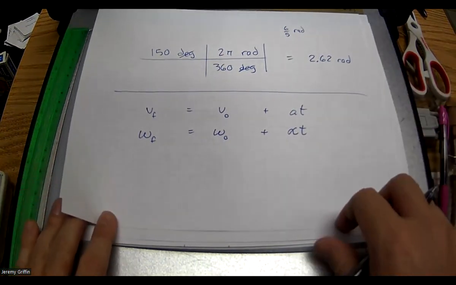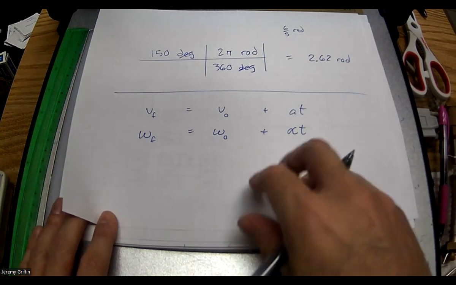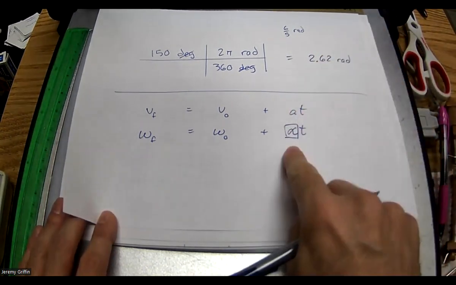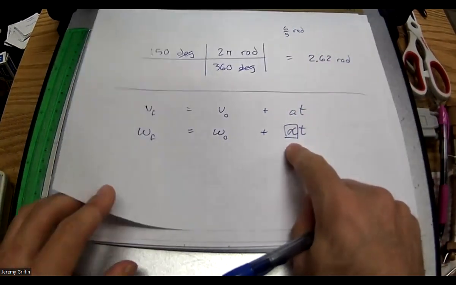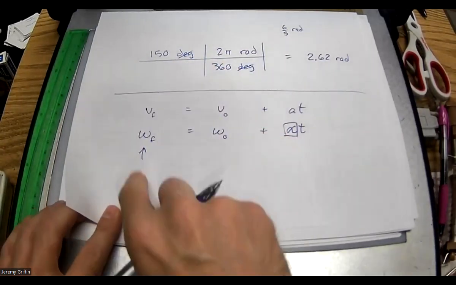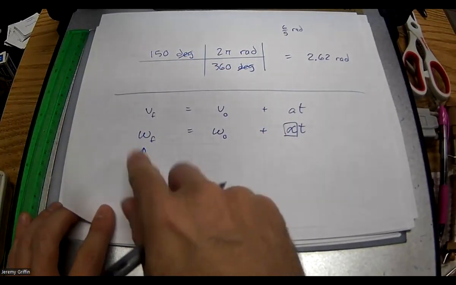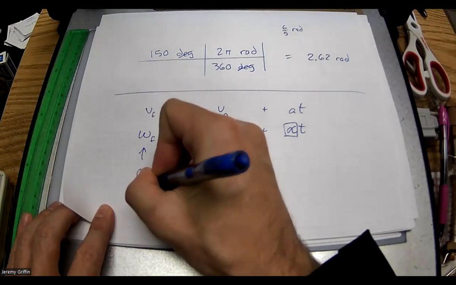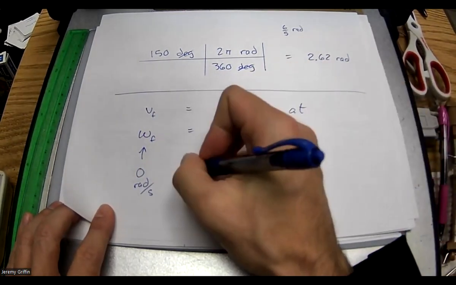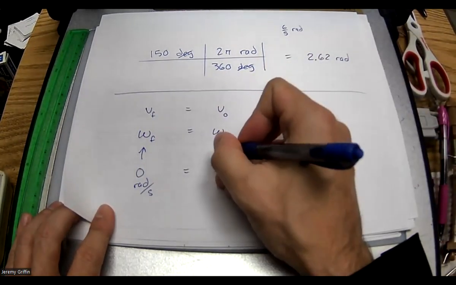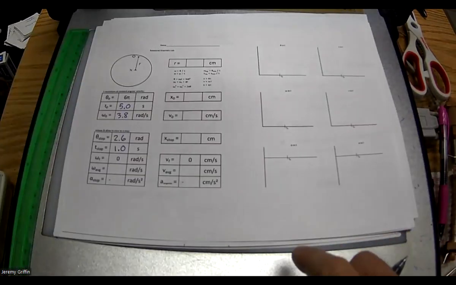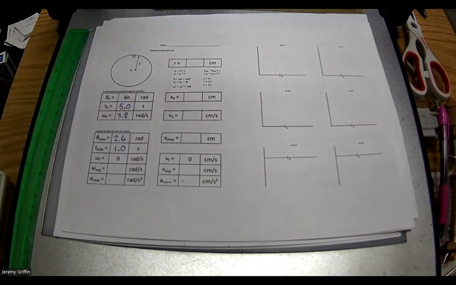I think we have enough information to solve that. The question is, what rate was it slowing down? If it slows to a stop, then what is this number? 0 radians per second. What number goes right here? Initial angular velocity.